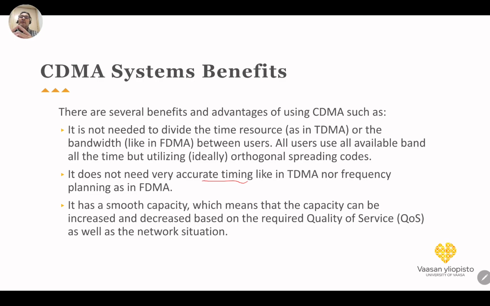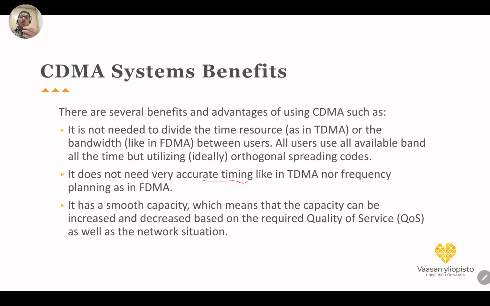For example, if you have a system like GSM based on frequency division multiple access and time division multiple access, and you need to, for example, increase or decrease the number of users within a cell, or increase the quality of service of some users, usually you will need to make changes in the size of the cell, or the transmission power of the base station, or maybe the antenna, or height, or sometimes you also need to increase sectors.